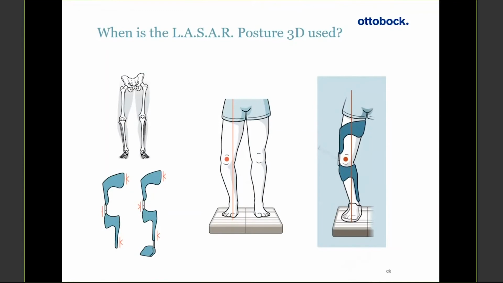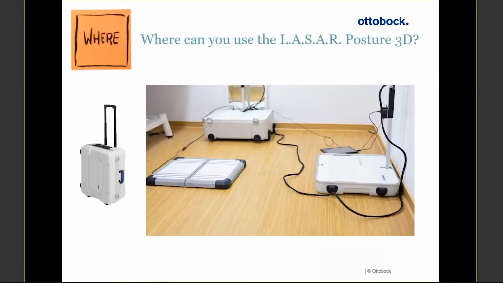So when we're applying the device, we know the type of device, but we're trying to achieve an optimal position of that device or an optimal correction. And like you said, Jerry, we might not be able to achieve that, but we certainly know what we're aiming for. And that's when we would use the L.A.S.A.R posture.